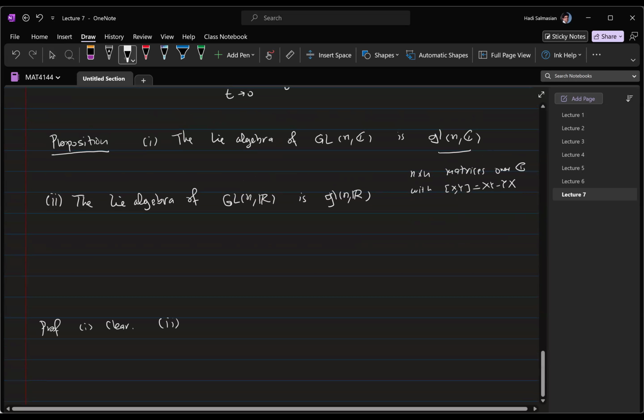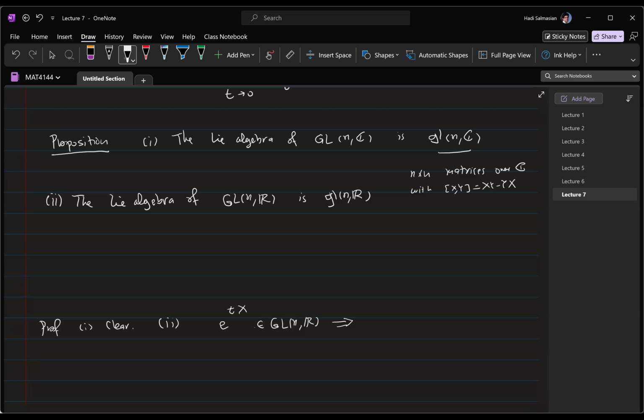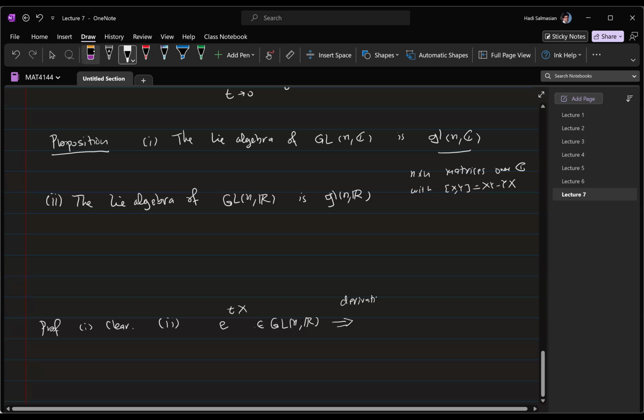So let's see for which x's we have e to the tx in GLN-R. So what is the meaning of this? Well, how do you figure out what x is? Well, you can differentiate this at 0. The main idea really is differentiation at 0. So maybe I just write the derivative, d dt of e to the tx.